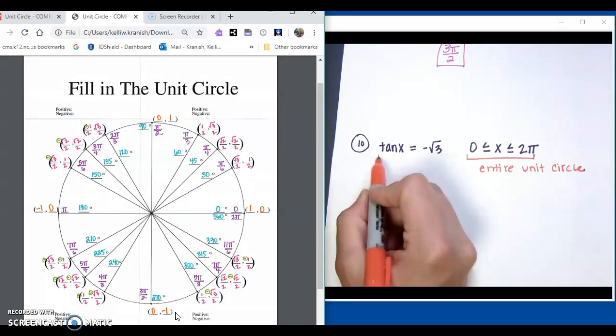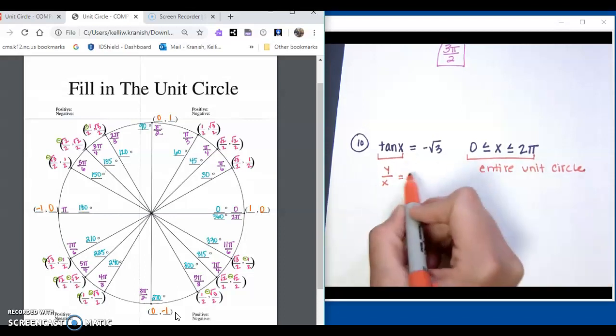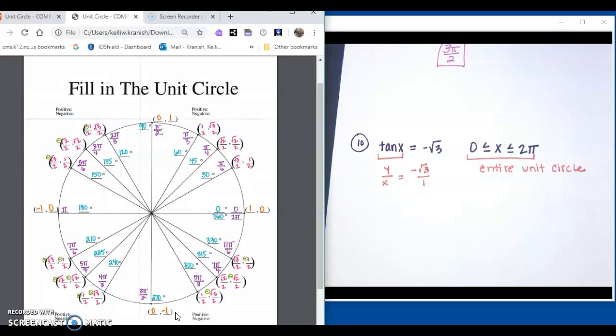Okay, tangent we know is y over x, and we're trying to find where that's equal to -square root of 3, and we could put over 1 if we want to do that. So, remember, if you look on the outsides, we're going to be dividing y divided by x. So the only possible choices are 1/2, square root of 3 over 2, and square root of 2 over 2.